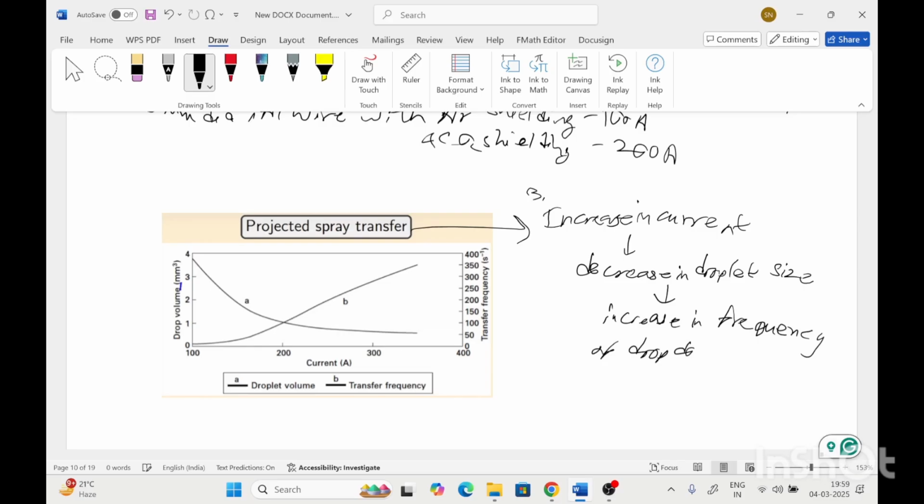It means small diameter droplets are generating and detaching at a higher frequency.